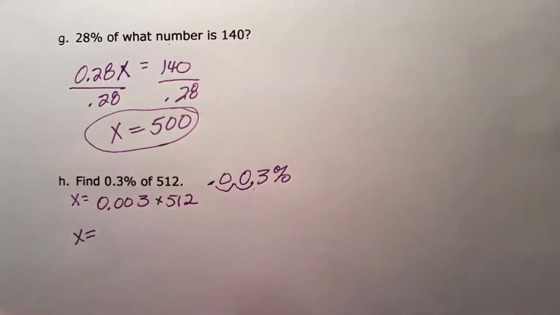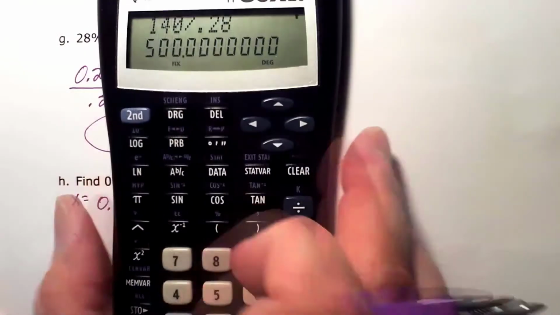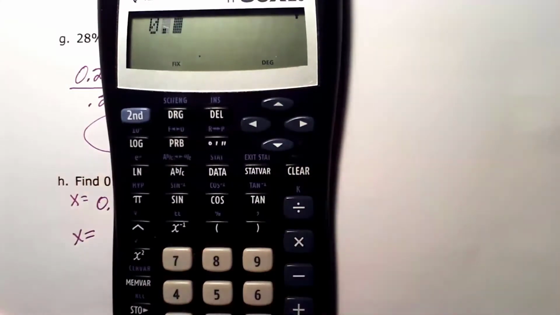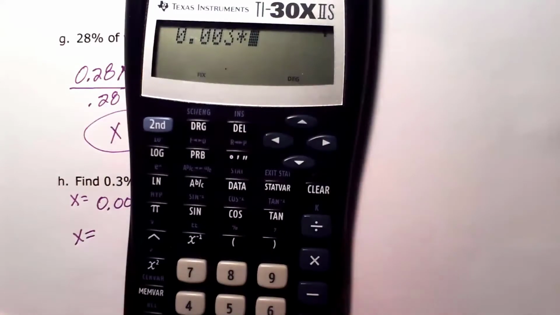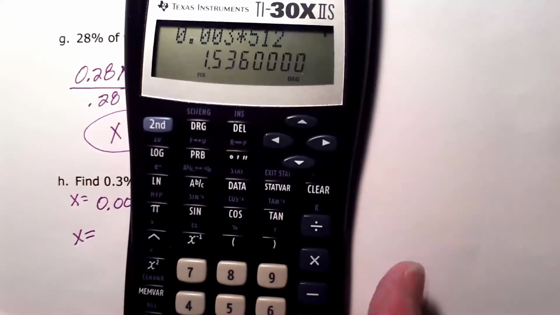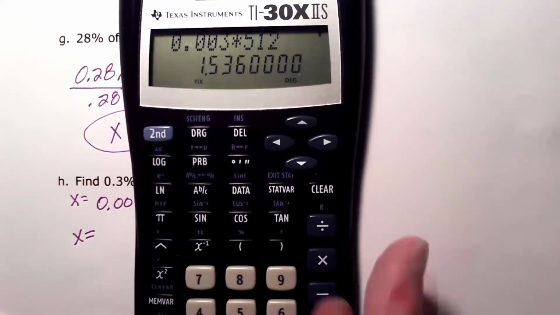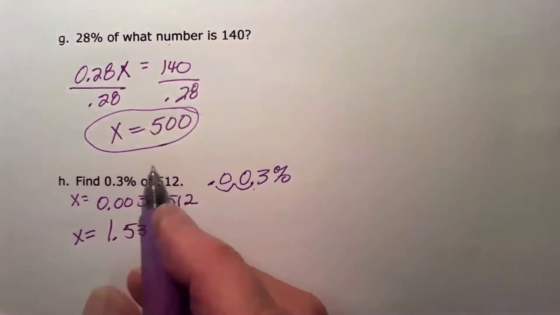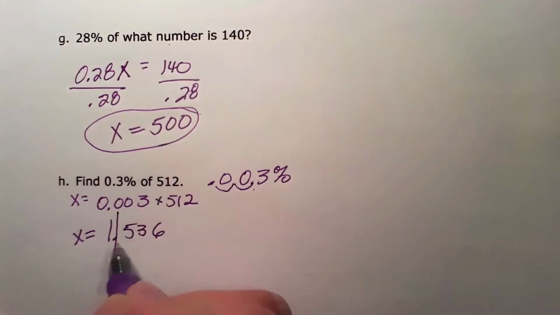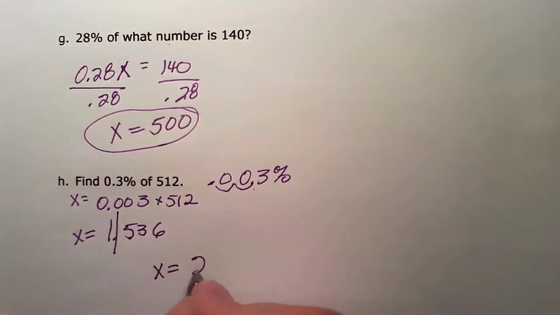So x equals 0.003 times 512 equals 1.536. But again, we just want the whole number. So the 5 means that this is going to round up to a 2, x equals 2.